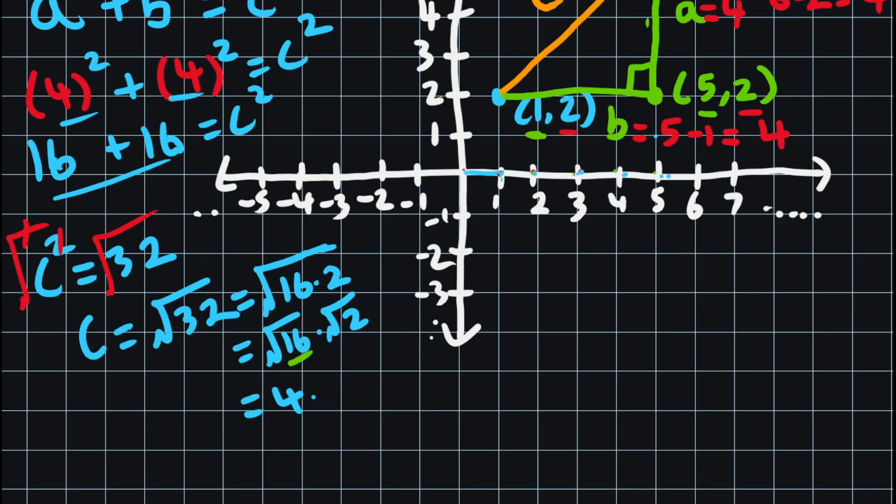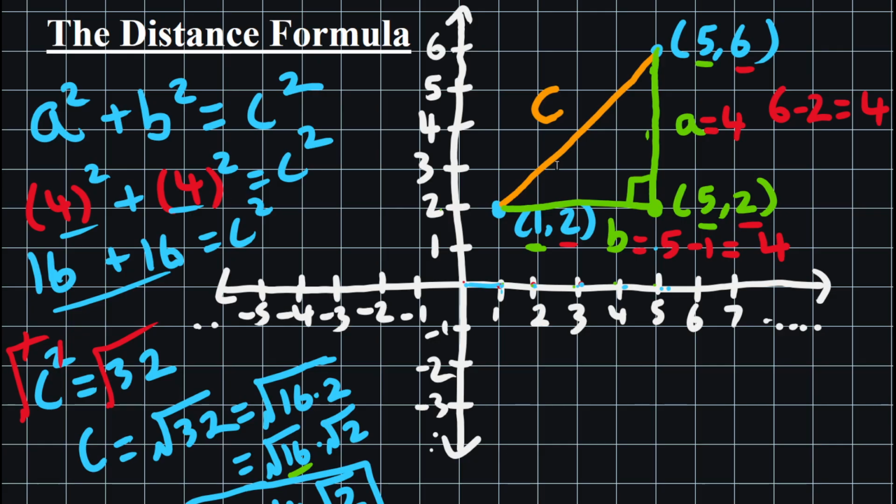So 4 times radical 2. So a simplified way of writing C is simply 4 radical 2. Therefore, the distance here, the C that we're looking for, is 4 radical 2. That is the distance between 1 comma 2 and 5 comma 6. It's precisely 4 radical 2.